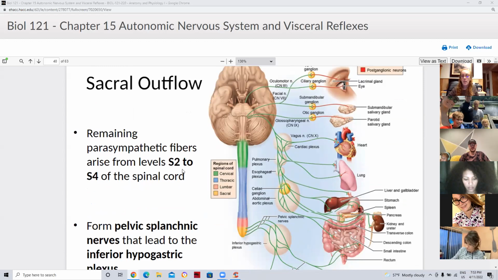The remaining parasympathetic nerve fibers are going to arise from S2 to S4, sacral nerve 2 to sacral nerve 4, and are going to form the pelvic splanchnic nerves. So 4 cranial nerves, and sacral nerves S2 through S4.